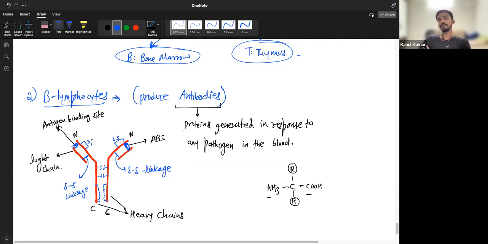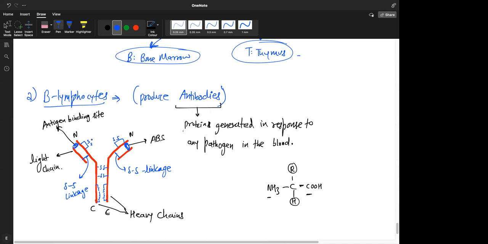Think about it. Okay, I leave you with this question: what if every antibody had just one antigen binding site? Write down this question, think about it, go to the internet, search about it, figure out an answer. Write down, how do 2 antigen binding sites in one single antibody help in immunity? We'll start with antibodies in the next class.